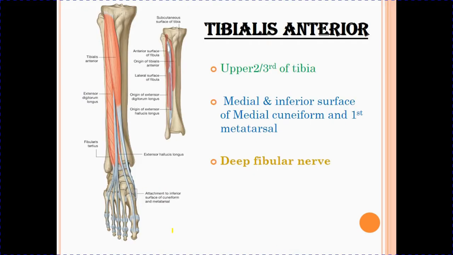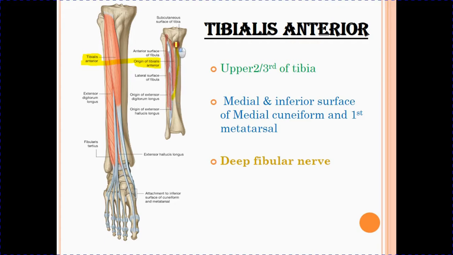The first muscle is tibialis anterior muscle. So you have to look into the figure. This is tibialis anterior muscle. Remember the osteology and muscle attachment of tibia. This is origin of tibialis anterior muscle. It is arising from the upper two-thirds of the shaft of the tibia.